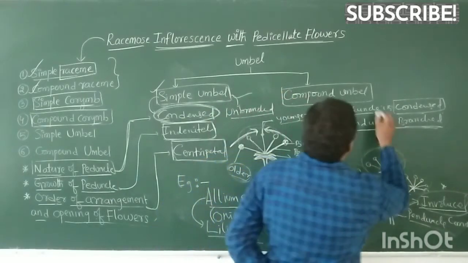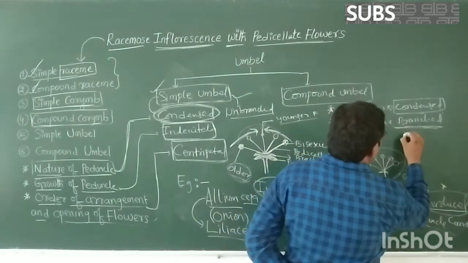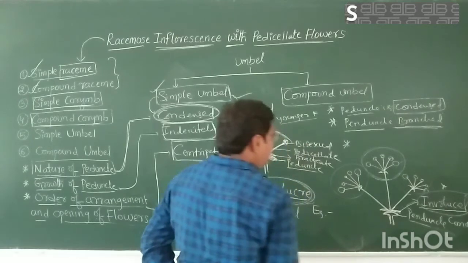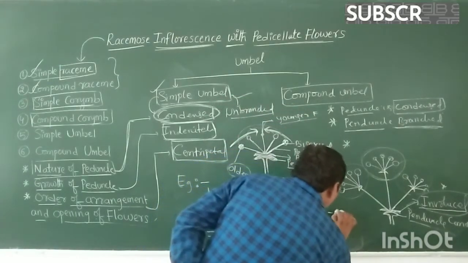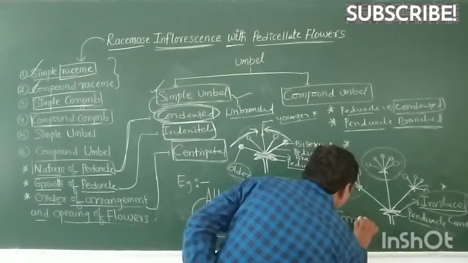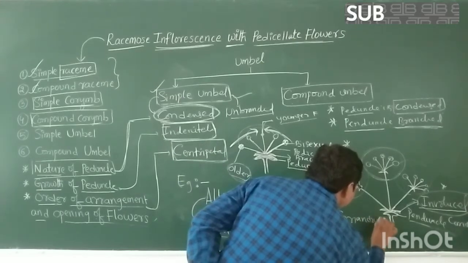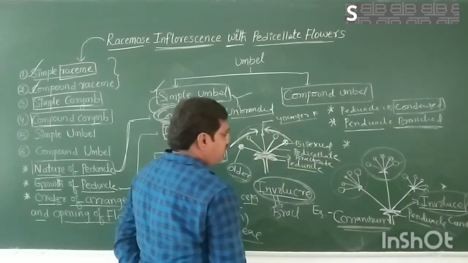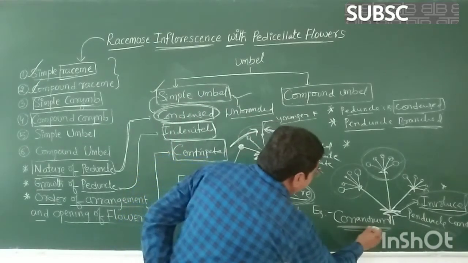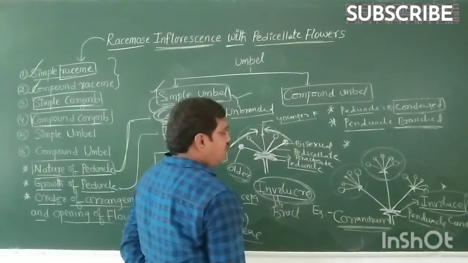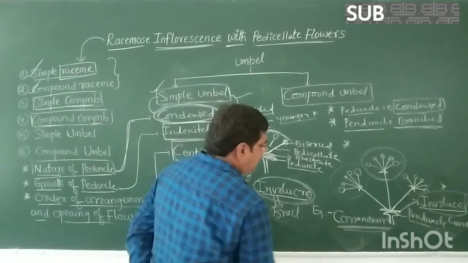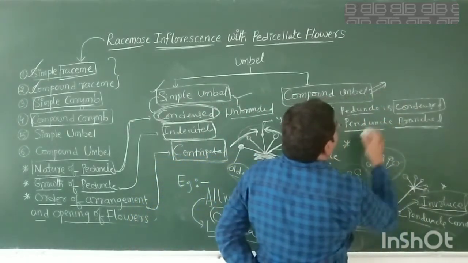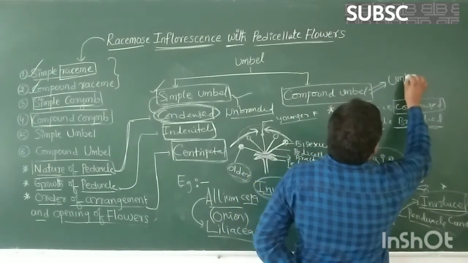So what is the example of compound umbel? The example of compound umbel is Coriandrum. Coriander is the scientific name of the coriander.